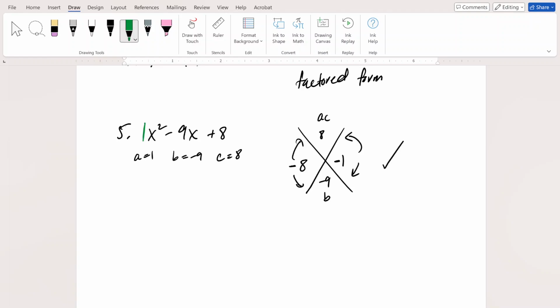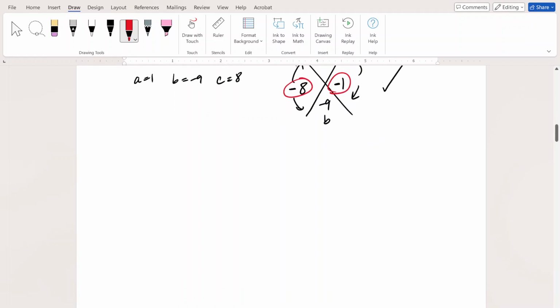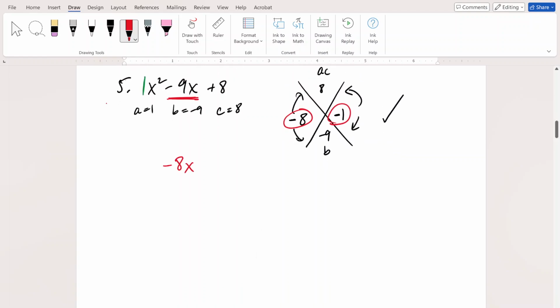So then when I do this, I'm going to rewrite -9x that's in the middle with these two pieces of information, which is -8x minus 1x. And then I'm going to copy my x squared that's already in the front and the 8 in the back. And this now is equal to this statement. Do the GCF, factor by grouping.